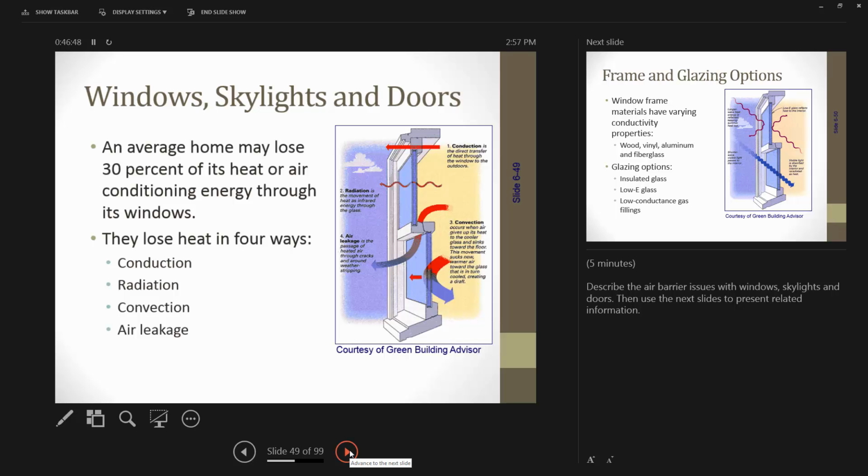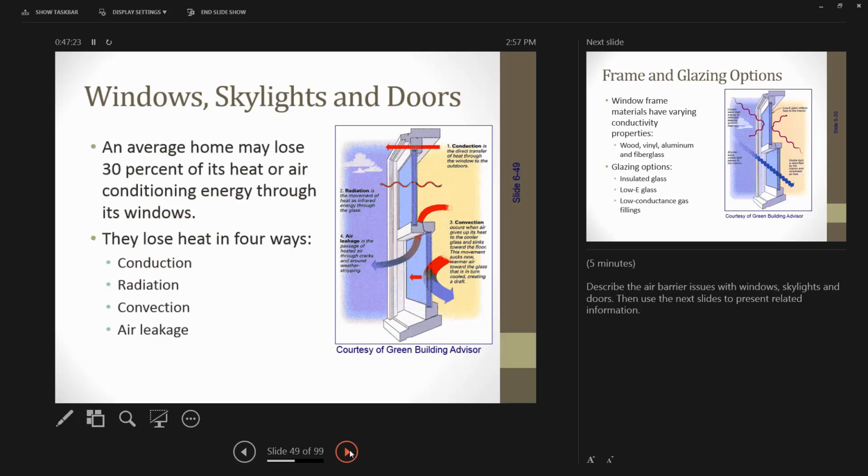the one thing about windows and doors is they lose heat in 4 different ways: convection, conduction, radiation, and straight air leakage. Even without a convective current, windows can leak air. Think about when you're standing next to a window on a bright, sunny, cold winter day. You might be able to feel some drafts coming through if it's leaky or not properly insulated around it.